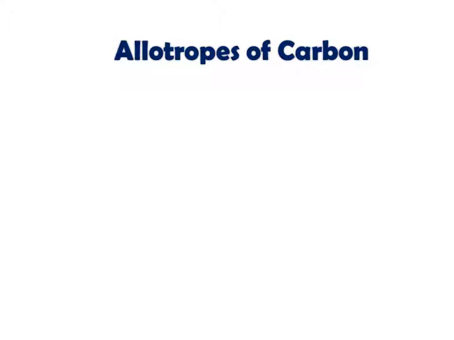Another point is the existence, that means the form, the arrangement of the atoms within a particular form, the physical form of existence in nature, the molecular arrangement. All these things are completely different in each allotrope.